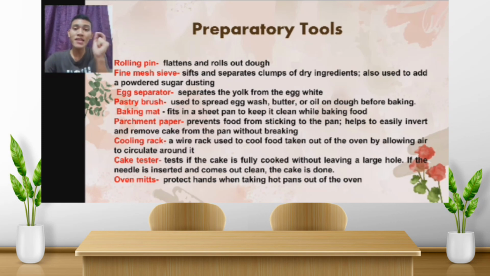But if kuha nimo, wala mapilit, that means the cake product is cooked. Next we have the oven mitts. The function of it is to protect hands when taking hot pans out of the oven. Kanyang mura og gloves.